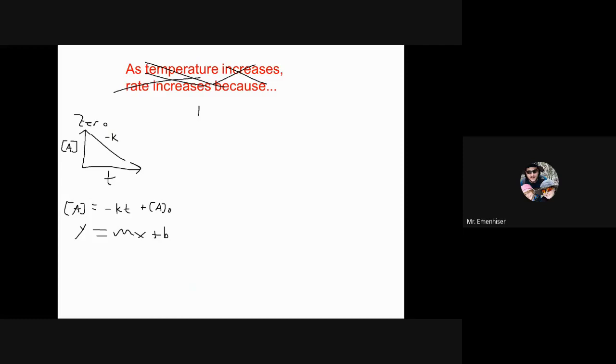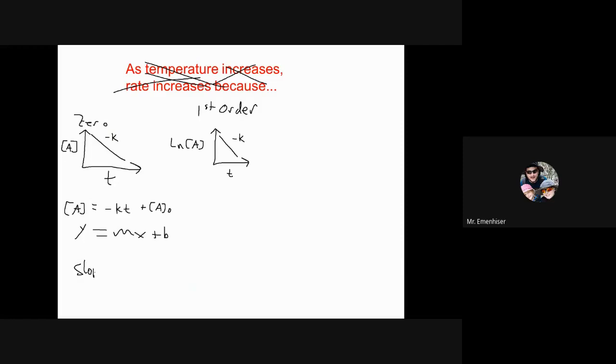Now let's look at first order. Remember, it's natural to want to finish first. So that means that the natural log of our concentration of A over time will give us a negatively sloped line. And the slope is equal to negative K. So let's write that.